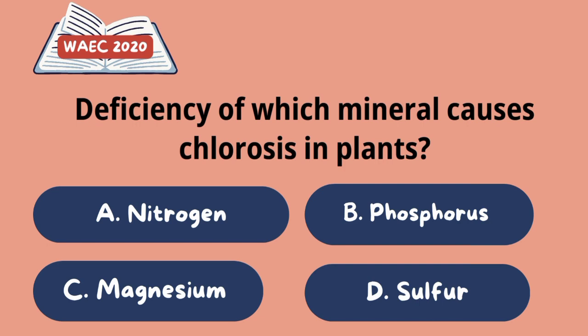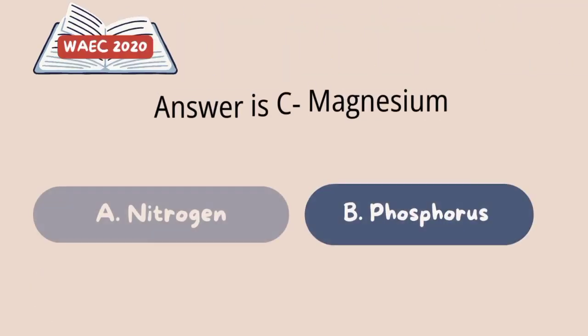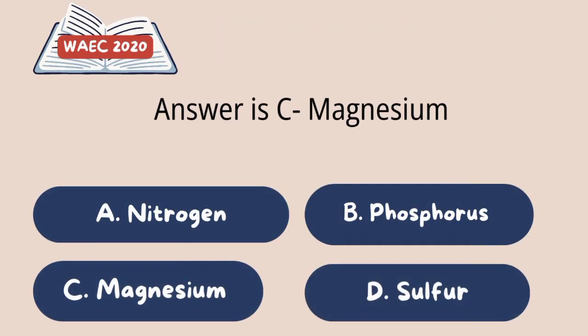Next question from WAEC 2020. Deficiency of which mineral causes chlorosis in plants? A. Nitrogen, B. Phosphorus, C. Magnesium, and D. Sulfur. The correct option is C. Magnesium. This is because magnesium is responsible for the synthesis of chlorophyll, which gives the green pigment in plants.